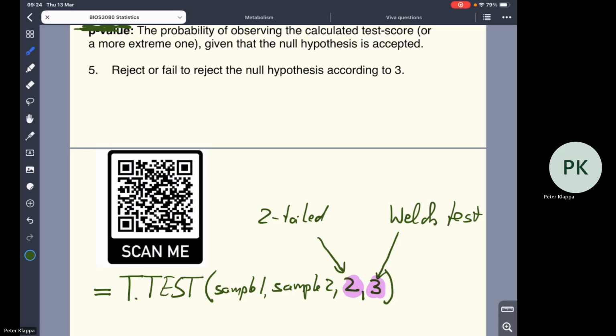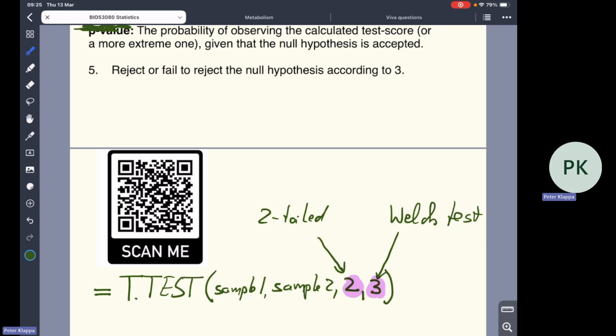And the last one is number 3, which stands for Welch test. If you put in number 2, it will do the traditional t-test, and it's just nonsense. So go for 3. That will give you the t-test.